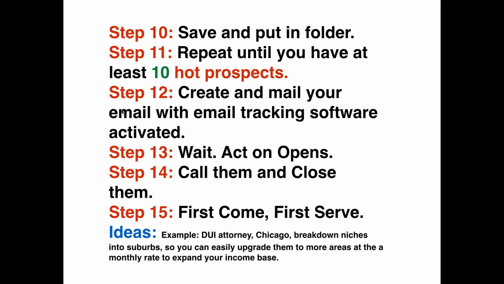Then you can create and mail your email with your email tracking software activated. Step 13, you wait and then you act on opens. And what does act on opens mean? It means that you will call them and close them, or call them and make an appointment depending on what your model is.